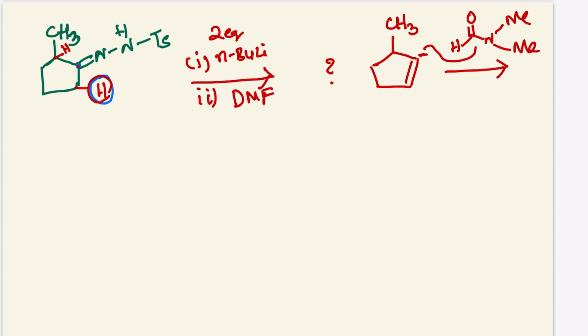The carbanion will attack the electrophilic center, and the product that we get has a CHO. From the DMF we get the formyl group. So this is the product that we are going to get.